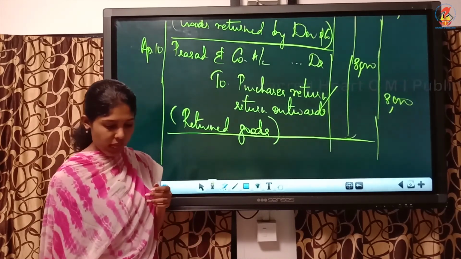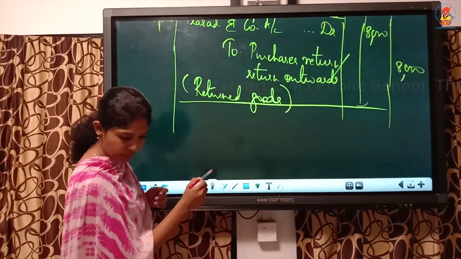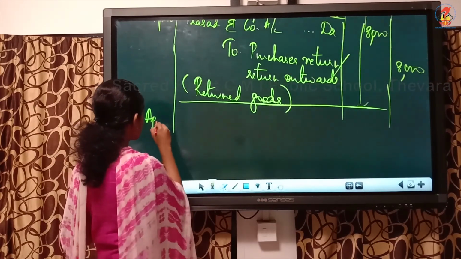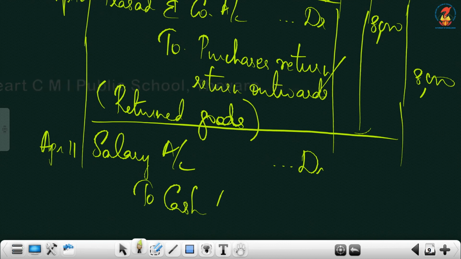Then the last one, paid salary, that is an expense. So what will be the entry for that? April 11th, paid salary, that is salary account debtor to cash account. Previous question also we had this transaction. It is 15,000.